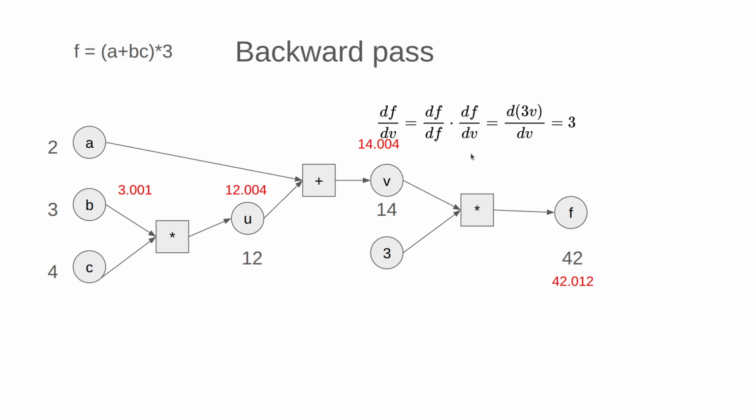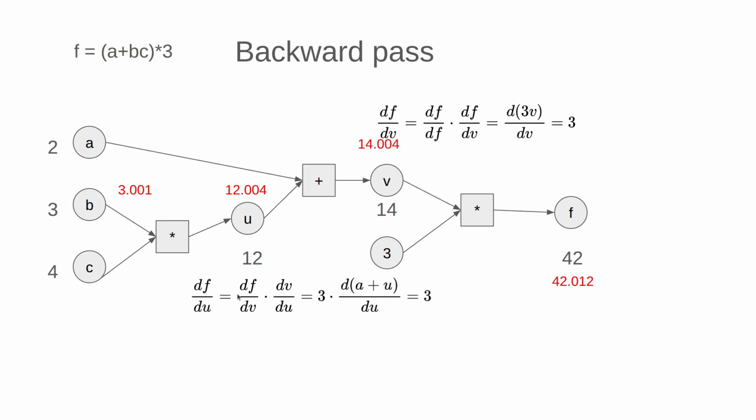Okay. And then let's do something more difficult. For example, if we want to know the df of du here, again, we're using the same rules. The v is the output of the plus function here, so we just insert the v into the differentiation of f against u. So it will become df over dv multiplied by dv over du.